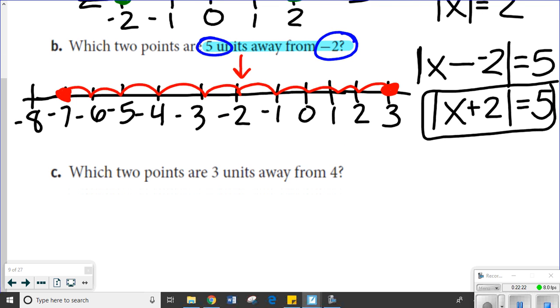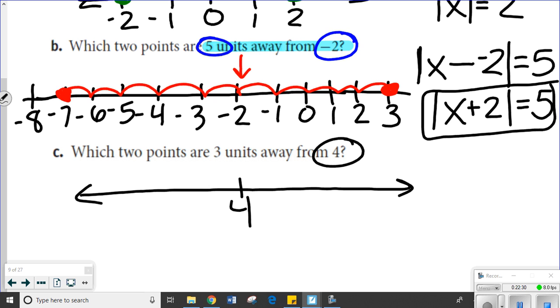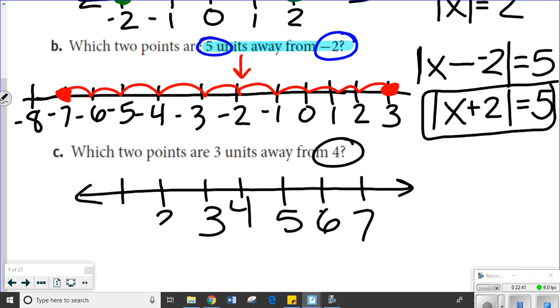All right, next, let's draw a new number line. We're starting at 4, so I'm going to put that in the middle. That's my starting point, and I'm moving 1, 2, 3 units away, and 1, 2, 3 units away the other direction. This time, a circle's at 7 and a circle's at 1.